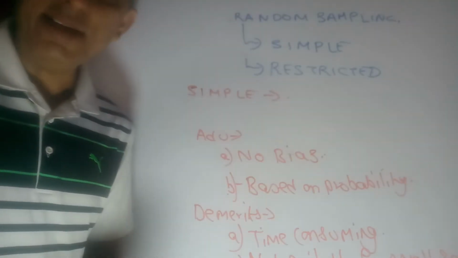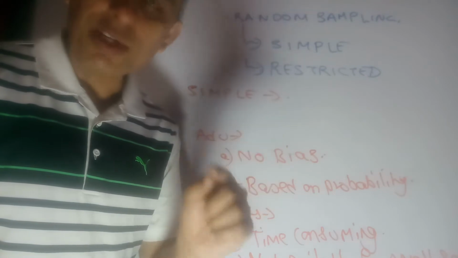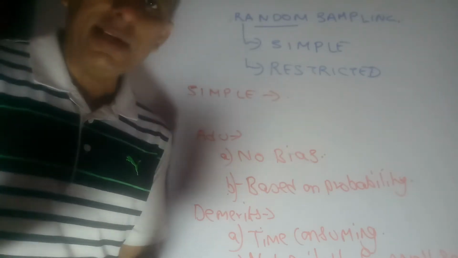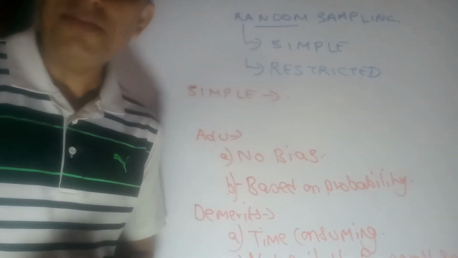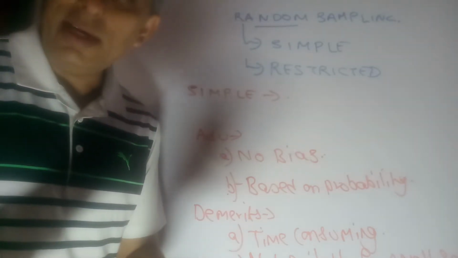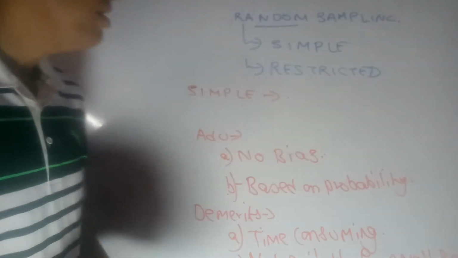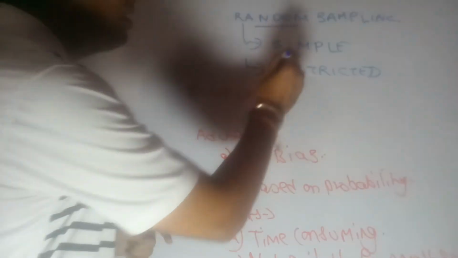Now, let's move ahead. Let's come to the first one, random sampling, wherein it's a matter of chance which element of the population will come into the sample. That itself is divided into two parts.